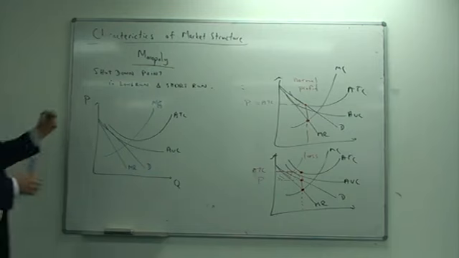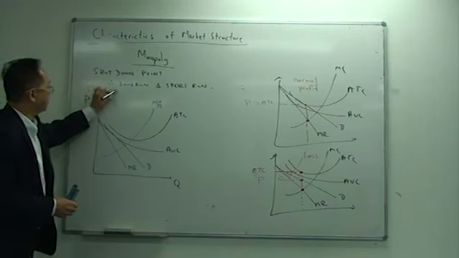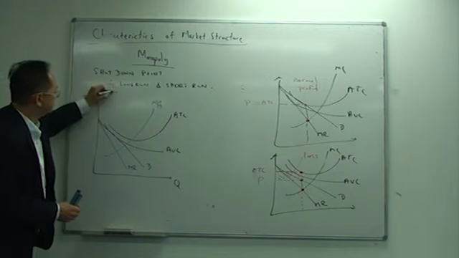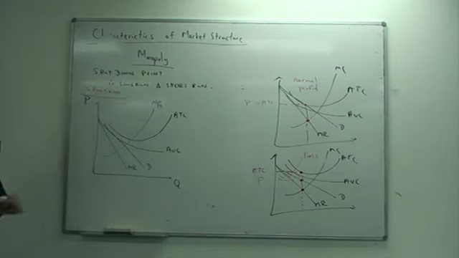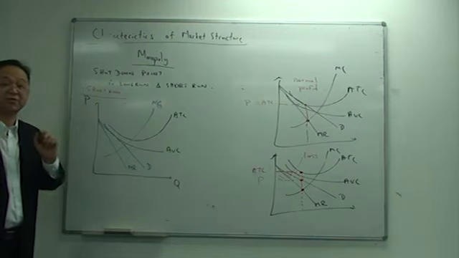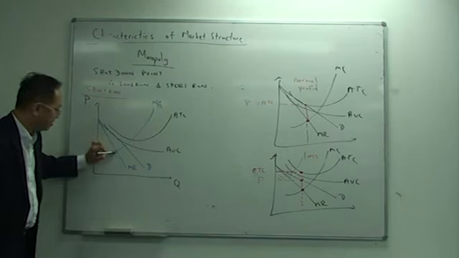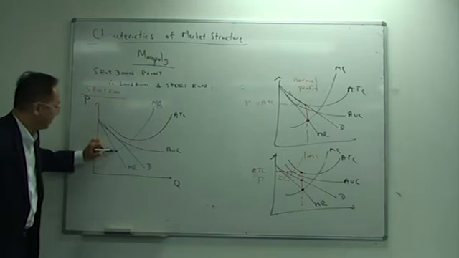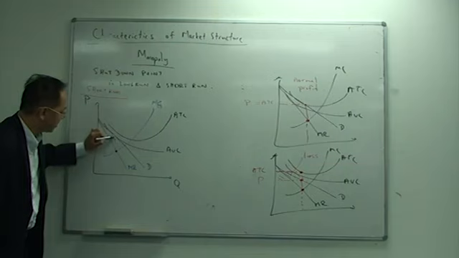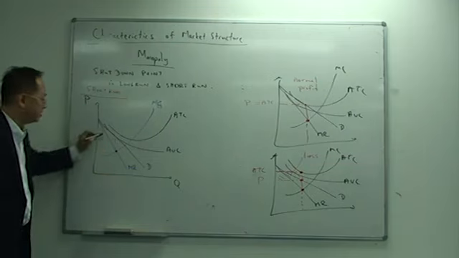Now first we look at the short run. Again, to start off, you always look for the profit maximization condition, MR equals MC. Okay? When you draw a diagram, you always look for it first. MC and MR intersect at this area. Okay? Then you draw a vertical line to get the quantity and price.